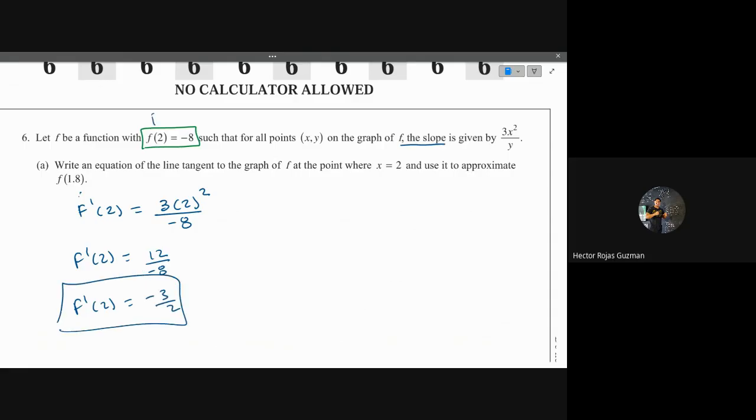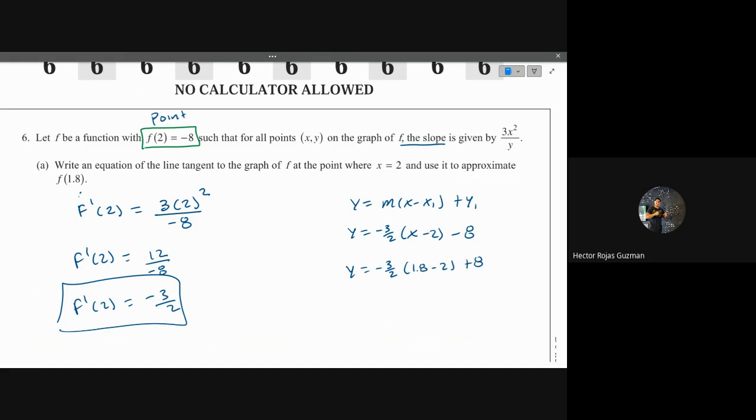We already have the point. So my tangent line is going to be negative 3/2 times (x minus x1) plus y1. And then we're going to use it to approximate f of 1.8. So negative 3/2 times 1.8.